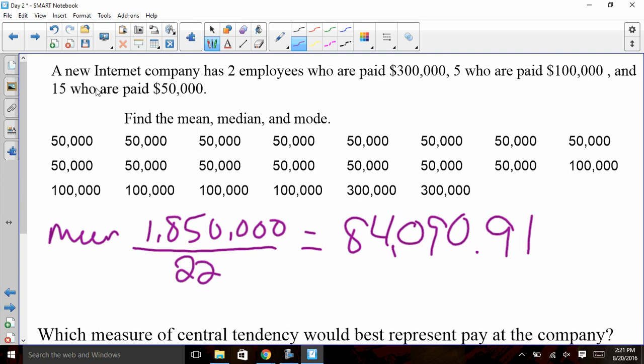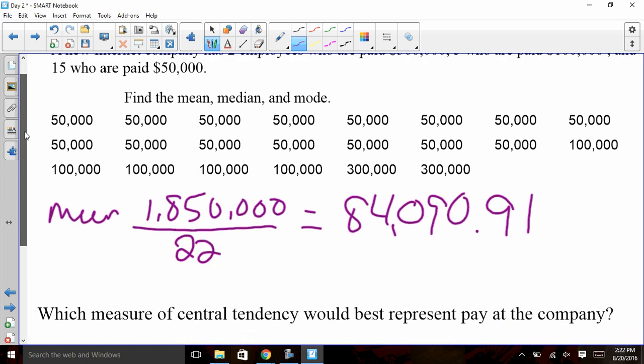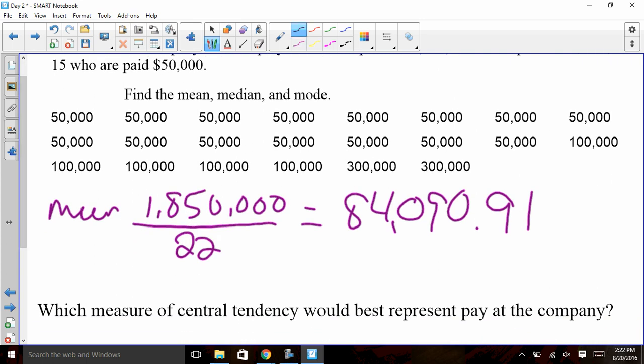Okay, so now let's go ahead and take a look at finding our median. Let's try that again. So again, our median is that one in the middle, that number in the middle. So I cross off the smallest and the biggest.